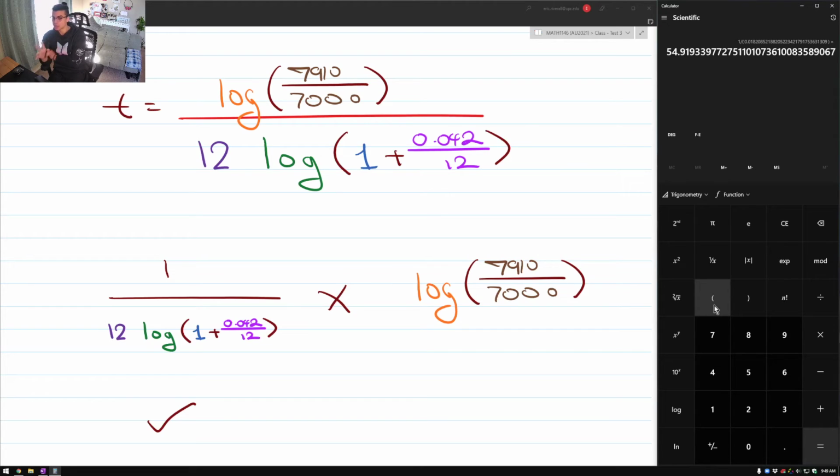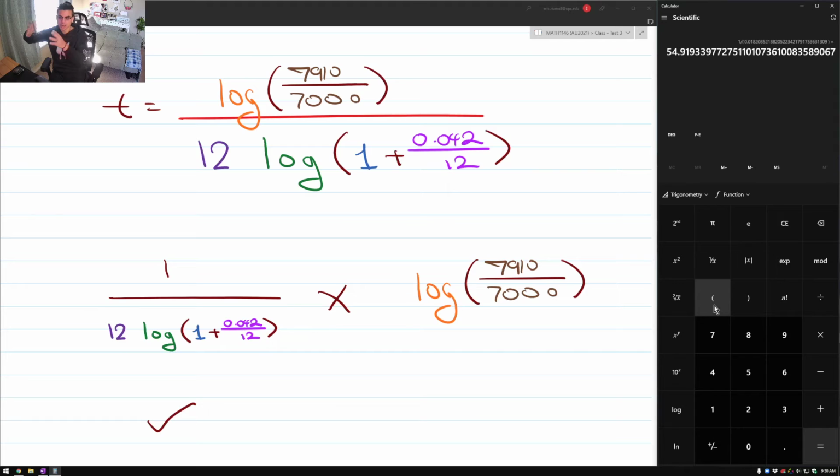Again, this is not easy. This is something that you want to practice. Maybe you want to find your own method that will help you to do this correctly. The first parenthesis is for the entire log expression. The second parenthesis is going to be for the argument. I'm going to do the argument first, and then I'm going to click on log. That is how the calculator that I have here on Windows works.